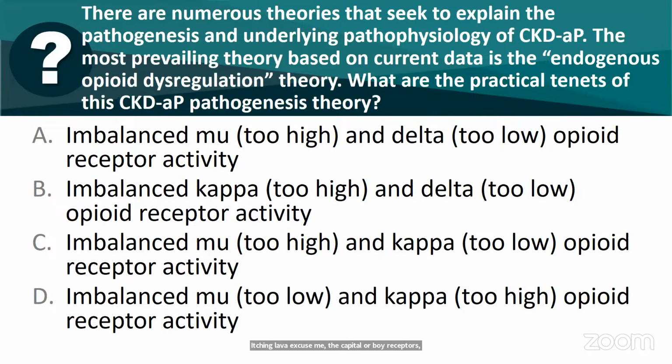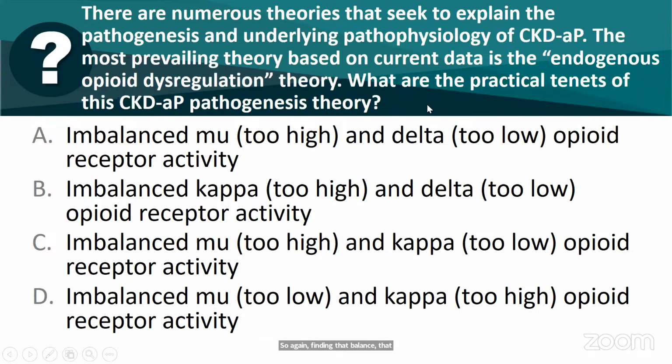For this reason, it suggests that in patients with CKD pruritus, the mu opioid receptor activity is too elevated, while the KOR activity is too depressed, and this induces itching. That is why number C is correct. So again, finding that balance, that homeostasis as we talked about.